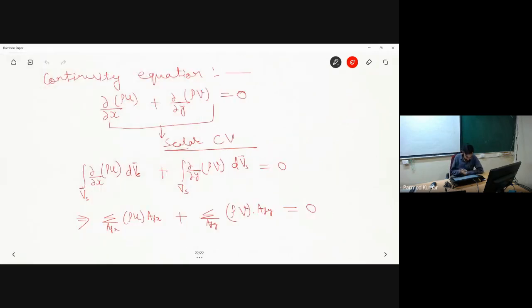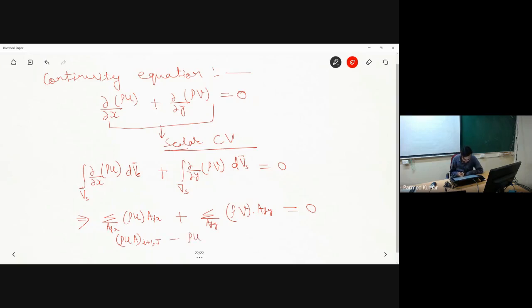So I can write that rho u into A at point small i plus 1 comma capital J, is this correct?